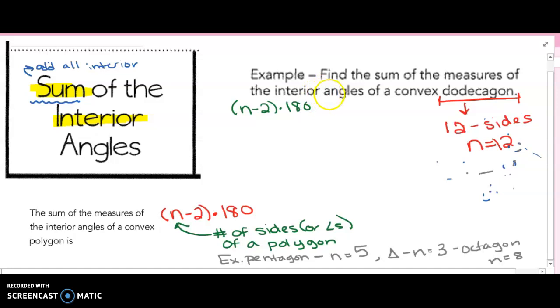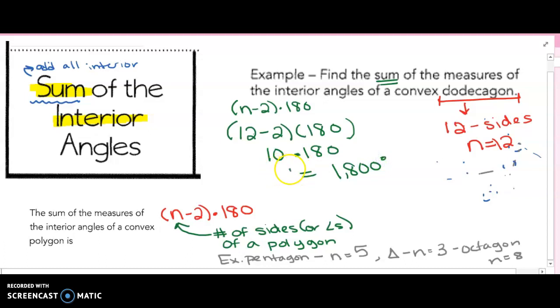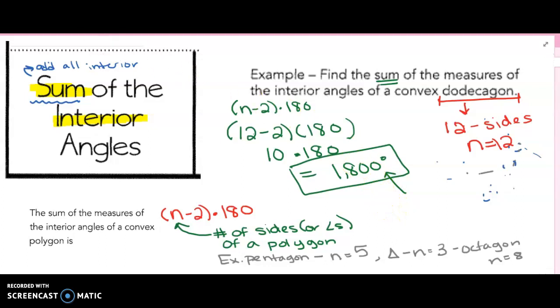That's the formula we use to find the sum of them all, and it does say sum right here. But our n now is 12, so I'm going to substitute 12 in for n, so 12 minus 2 times 180. 12 minus 2, of course, is 10 times 180, and 10 times 180 is 1800 degrees. Okay, so any dodecagon, any 12-sided figure, if I add up all the interior angles, they would sum to 1800.